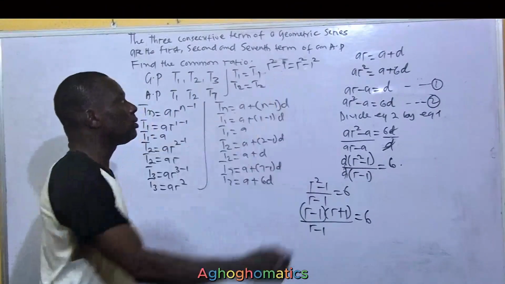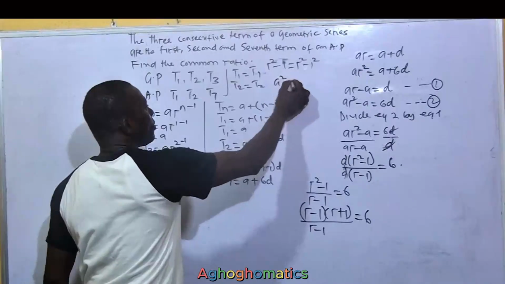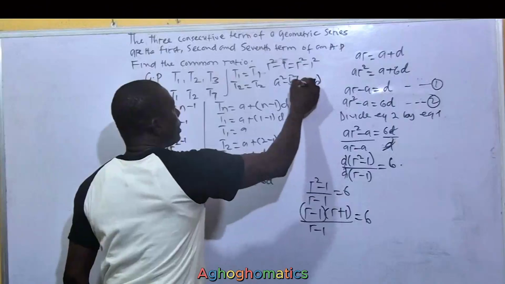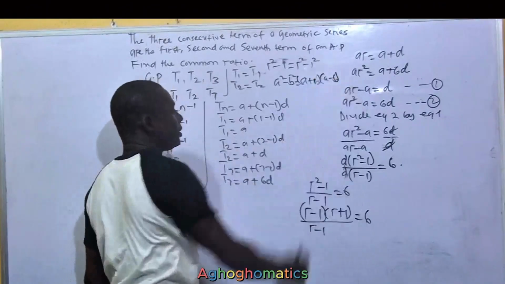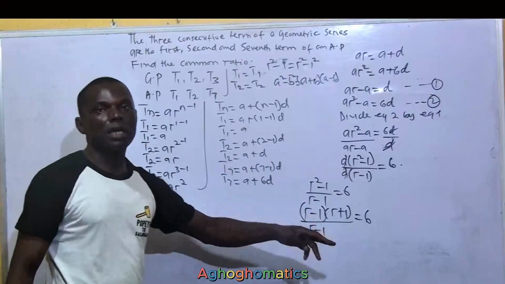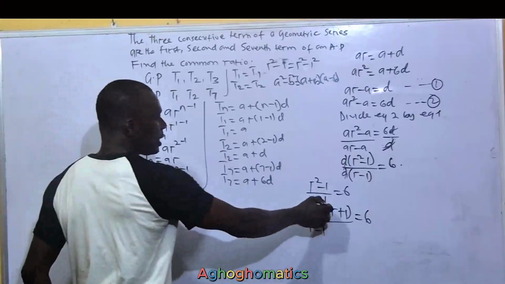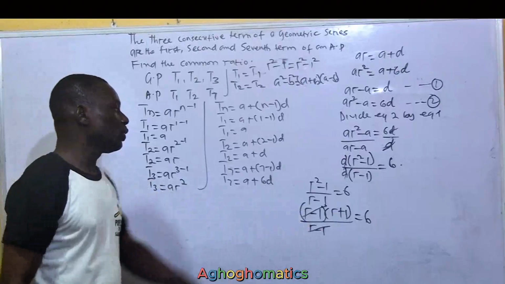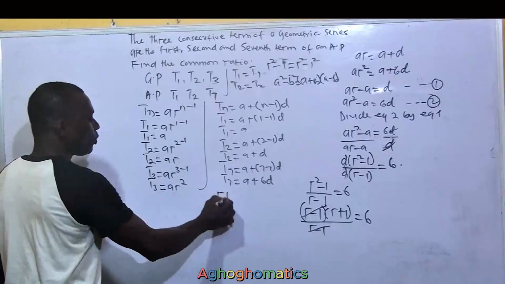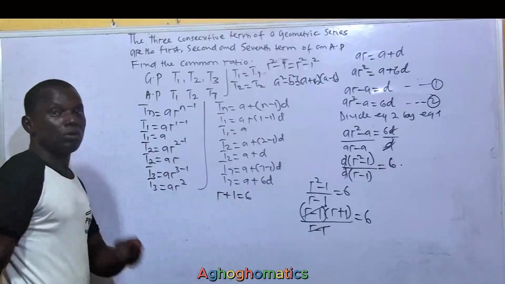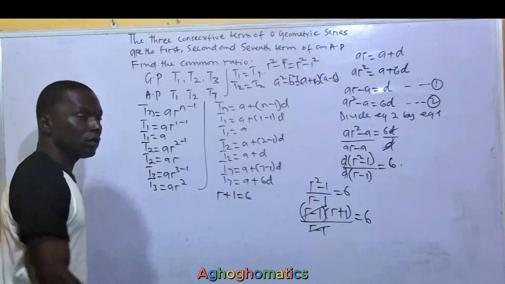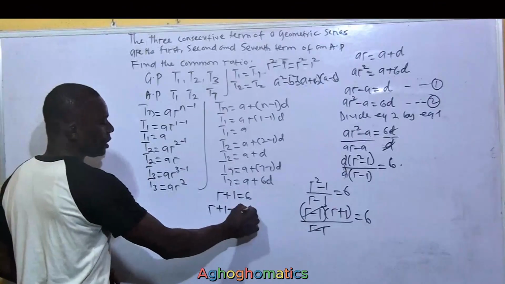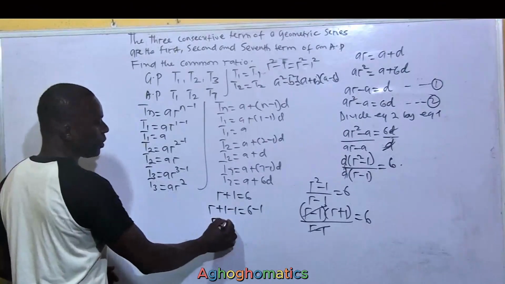Since we know that a squared minus b squared is the same thing as a plus b into a minus b, using the difference of two squares, r squared minus 1 cancels off with r minus 1 at the denominator. So the expression just becomes r plus 1 equals 6. To obtain the value of r, you just add minus 1 to both sides. r plus 1 minus 1 equals 6 minus 1. So that r is equal to 5.